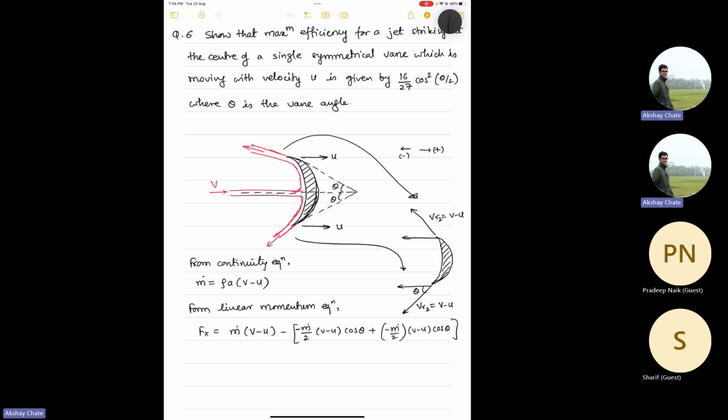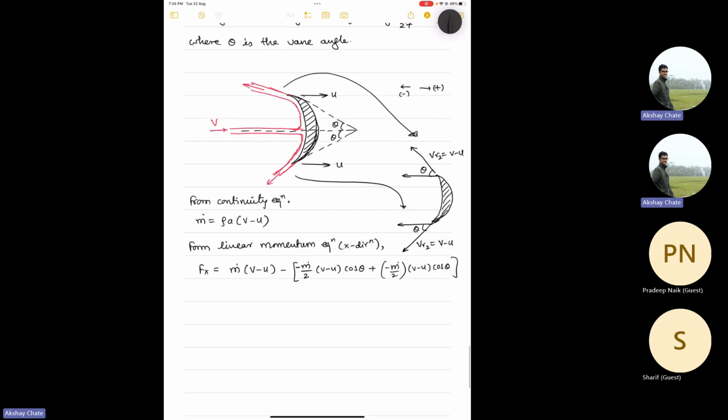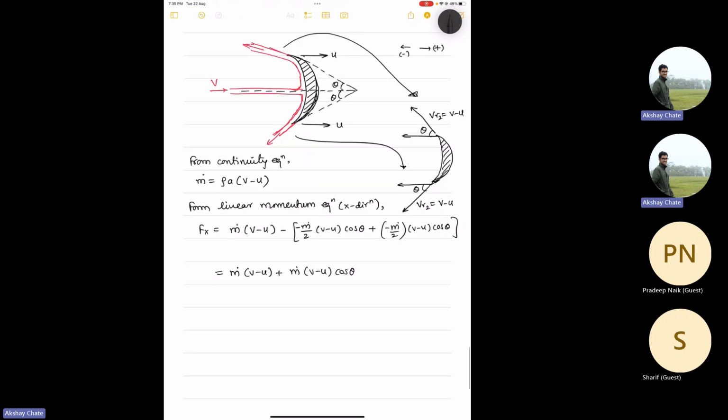Here also it will be theta. We are only considering the x direction. So therefore it becomes m dot (v minus u) plus m dot (v minus u) cos theta. Further, if you write it, it becomes m dot (v minus u)(1 plus cos theta).